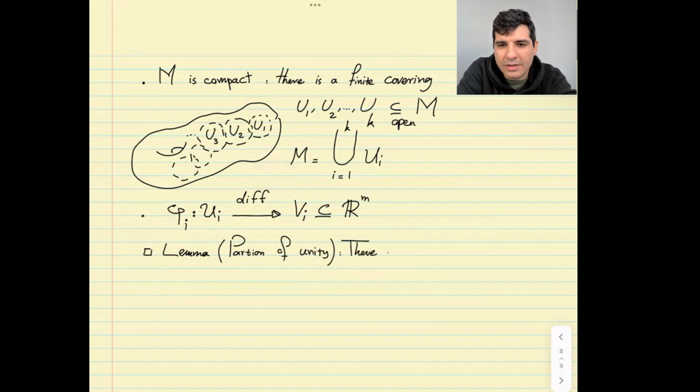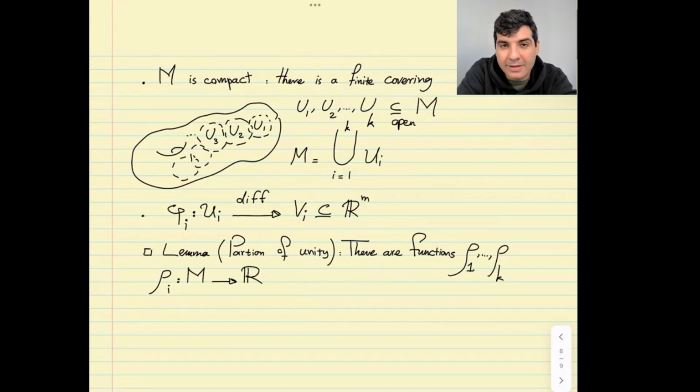It says there are functions, let's denote them rho_1 up to rho_k, associated to these open sets, such that each rho_i is a function from M to R. It takes values between 0 and 1, so for any x, rho_i of x is between 0 and 1.